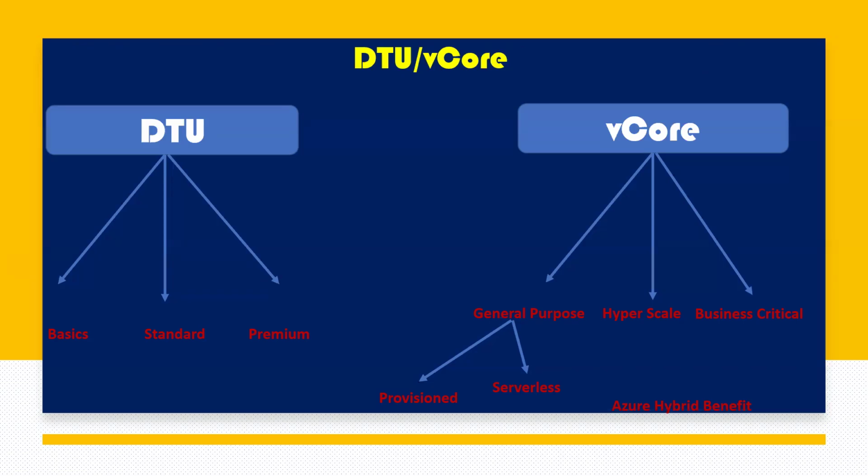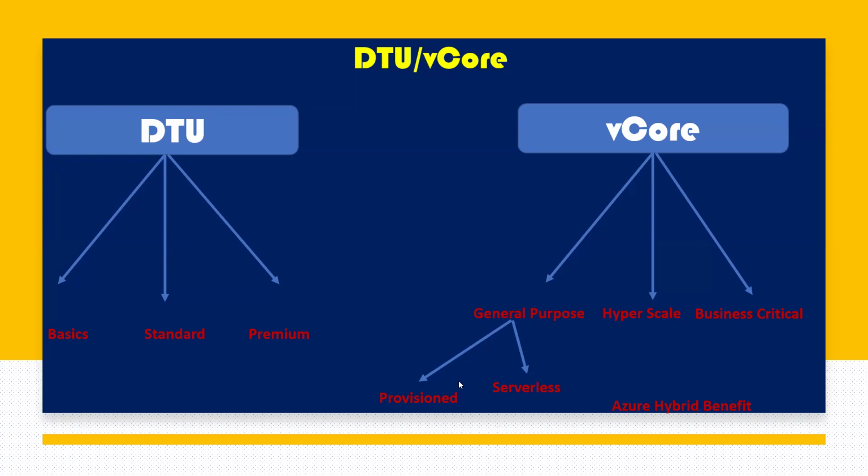Actually, we have two types of services available: DTU based services and vCore based. DTU means data transfer unit, and vCore means virtual core.